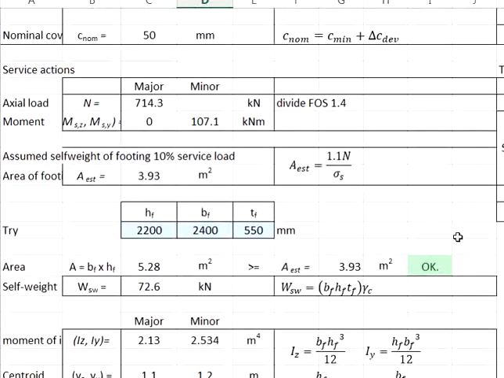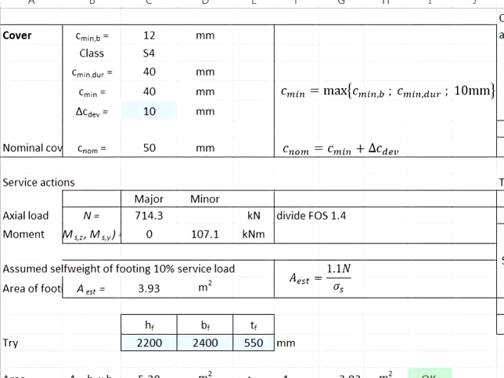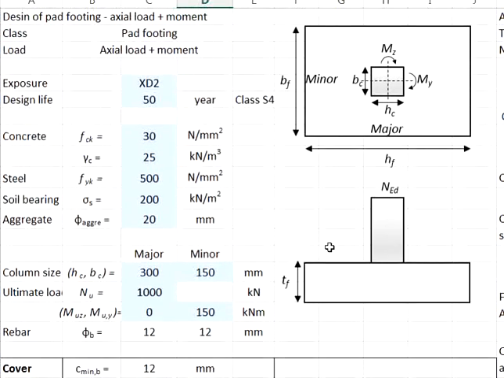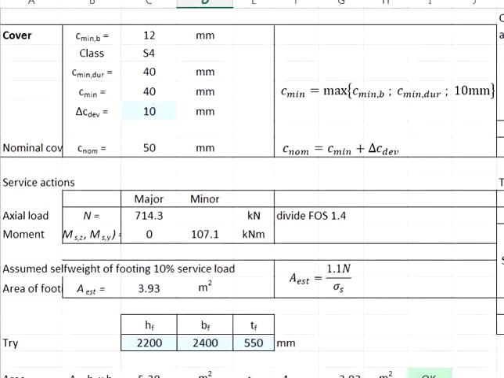Next, we need to estimate the size of the pad footing. Based on the prescriptive method, estimating the size of the pad footing shall be based on the service load. The question only gives us the ultimate load. Therefore, we will need to convert the ultimate load into service load.